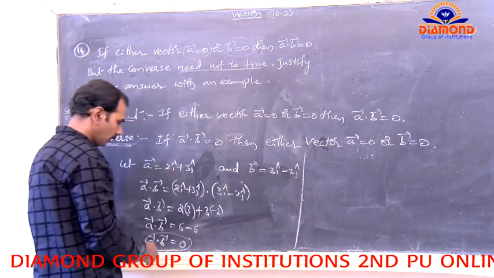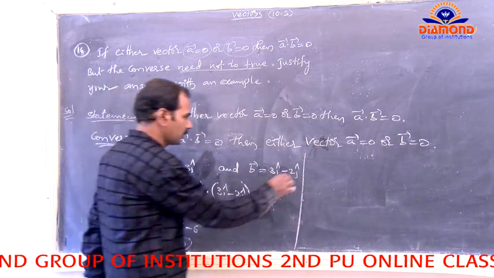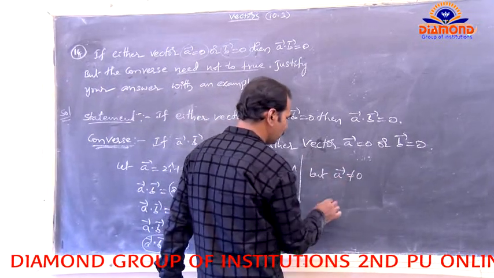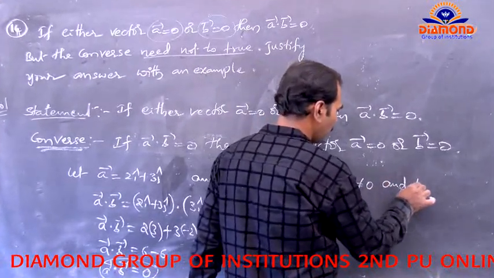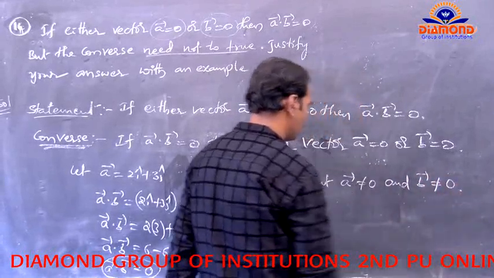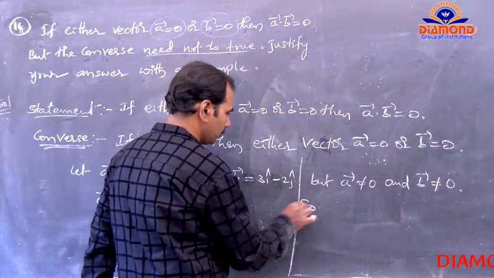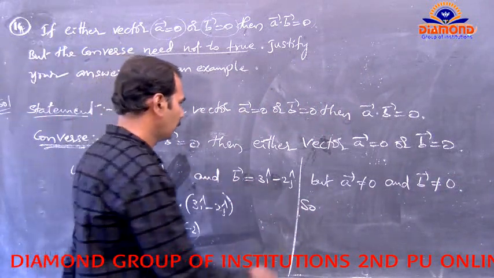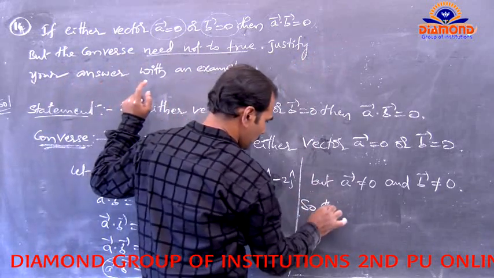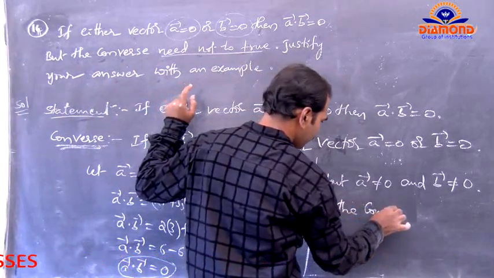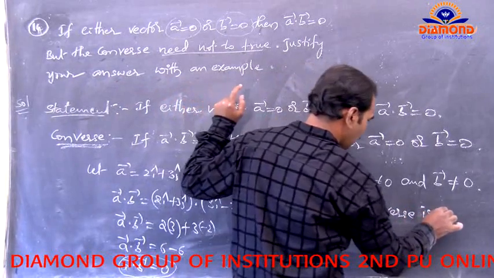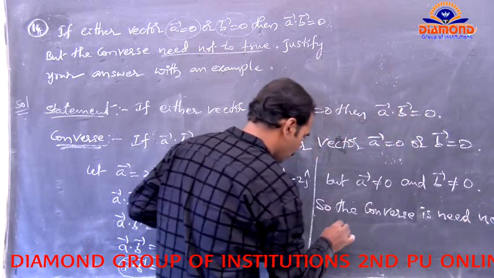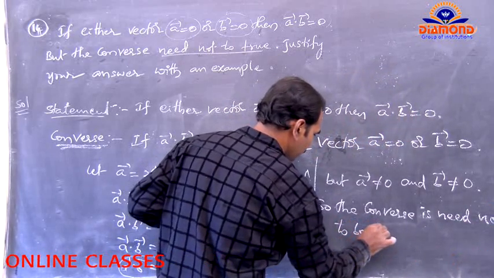So A dot B equals 0, but A bar is not equal to 0 and B bar is also not equal to 0. So the converse need not be true.